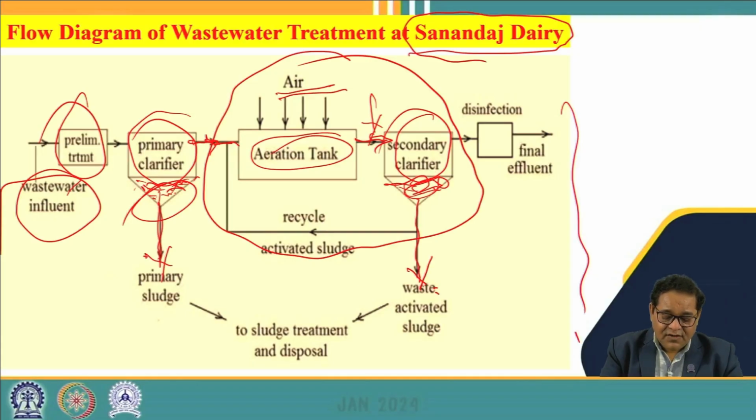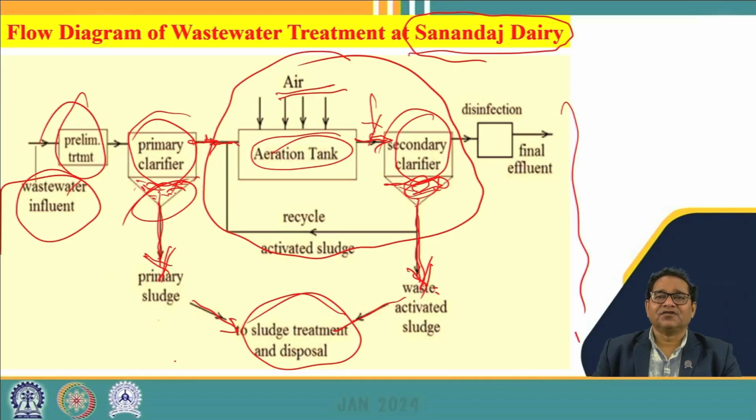The sludge generated from the primary clarifier and secondary clarifier is taken to the further sludge treatment process, which consists of sludge thickeners, sludge digestion, and sludge drying beds. A number of treatment processes are carried out for this sludge treatment and its disposal.